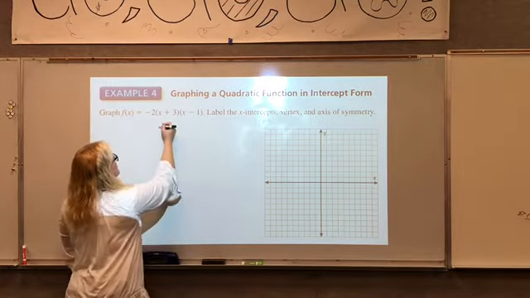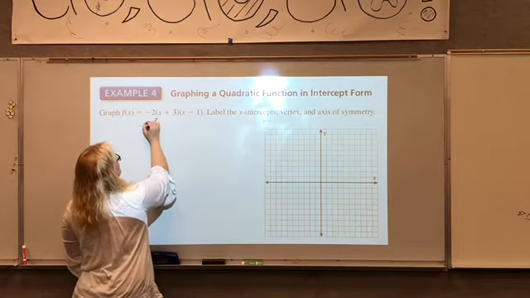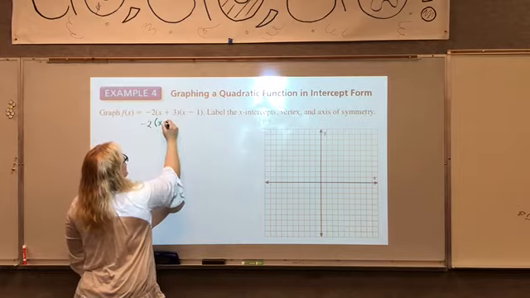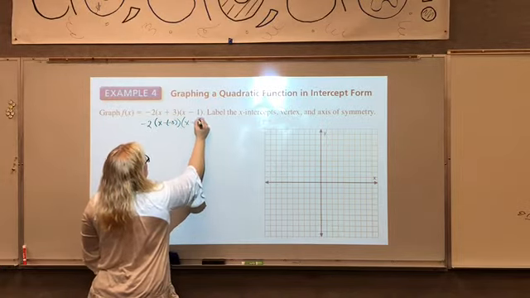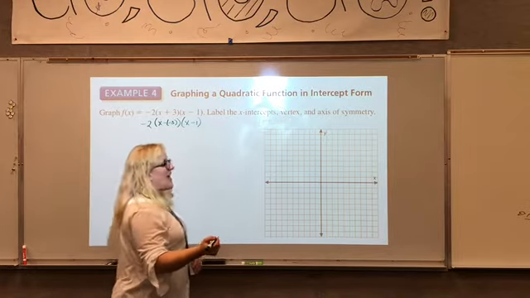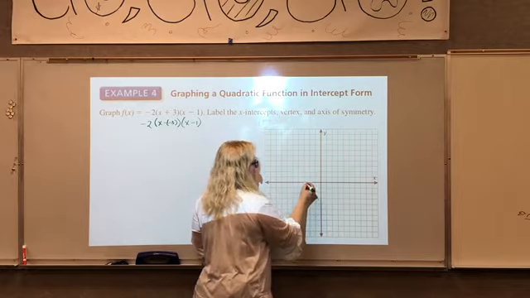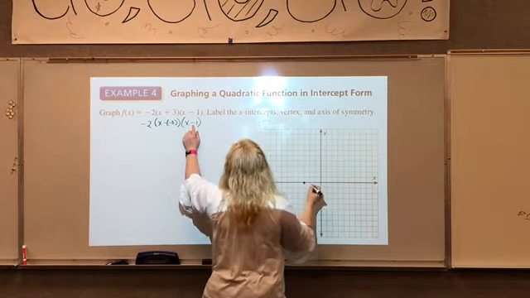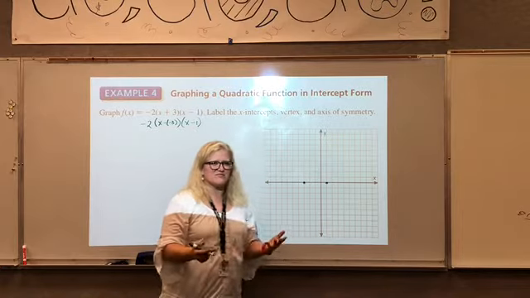One of my x-intercepts, remember I'm looking at x minus p, x minus q, so I can rewrite this as x minus a negative 3, and then x minus 1. So one of my x-intercepts is negative 3, 1, 2, 3, and the other one is 1. I hope that makes sense.